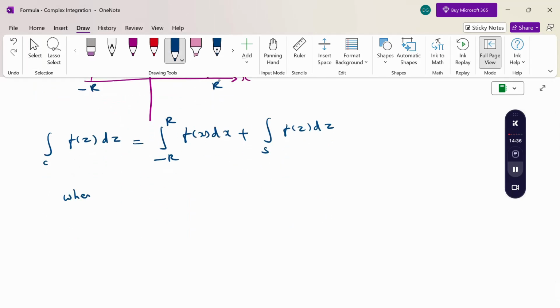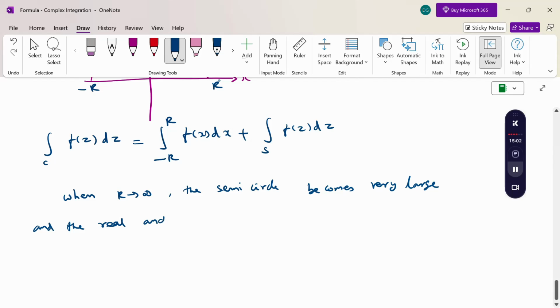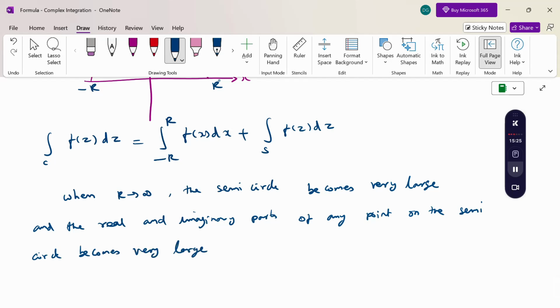When R tends to infinity, the semicircle becomes very large, and the real and imaginary parts of any point on the semicircle become very large, so that modulus of z tends to infinity.